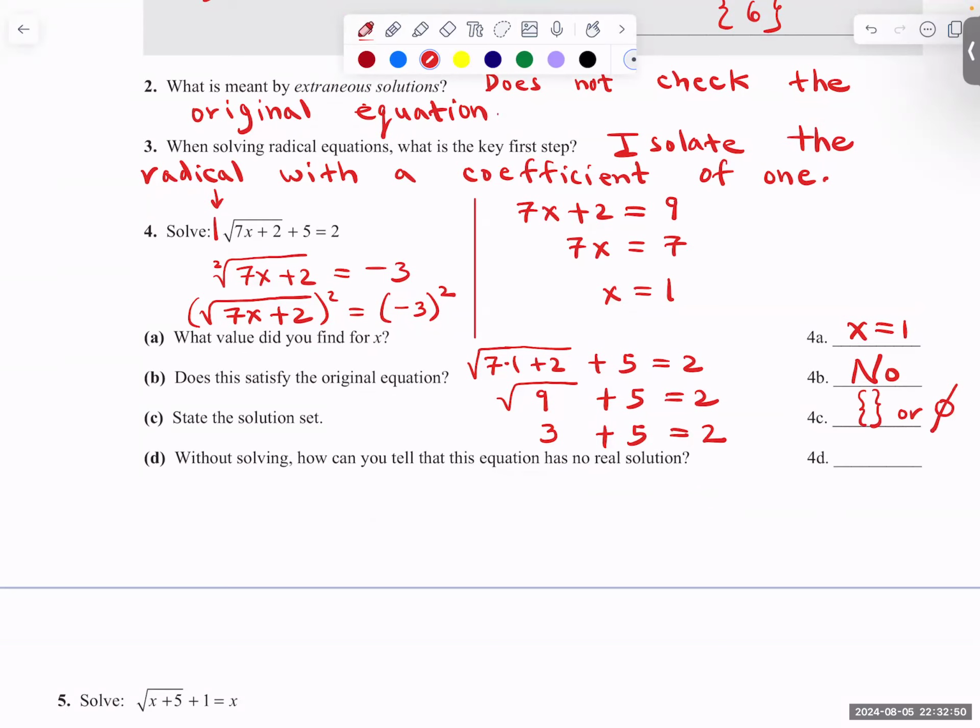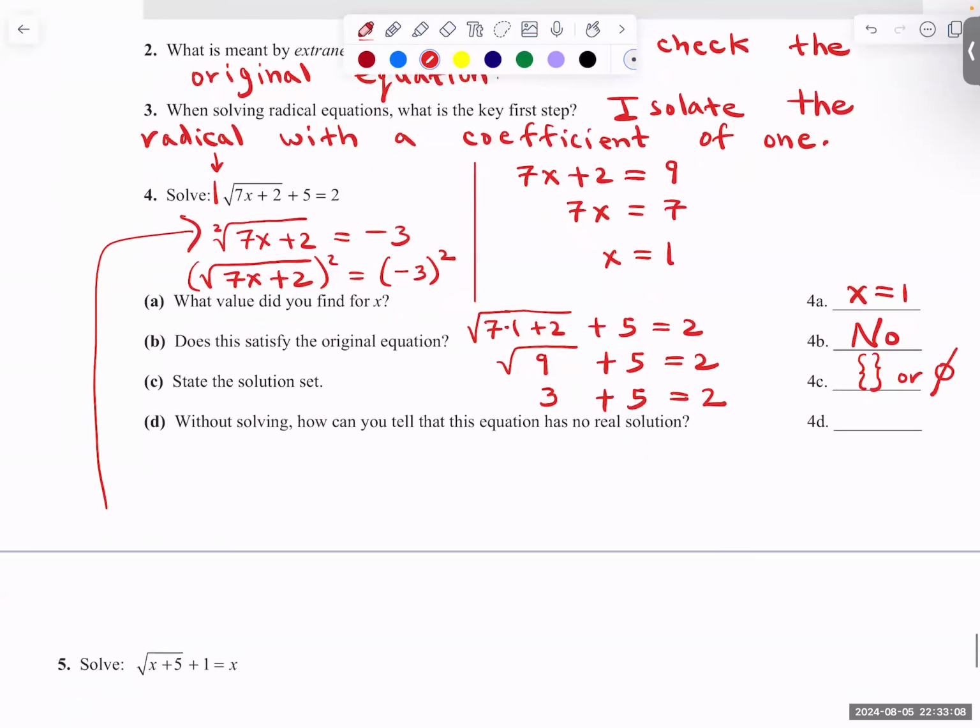Without solving, how can you tell in advance the equation has no real number solution? Well, it's because right here in this first step, let's draw this arrow here. Whenever you have a principal square root of a non-negative real number, so a number that's positive or 0, the result will always be positive or 0 and will never be a negative number.